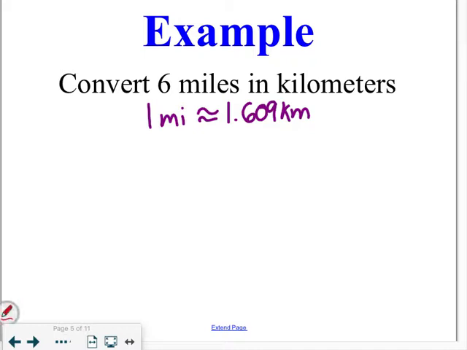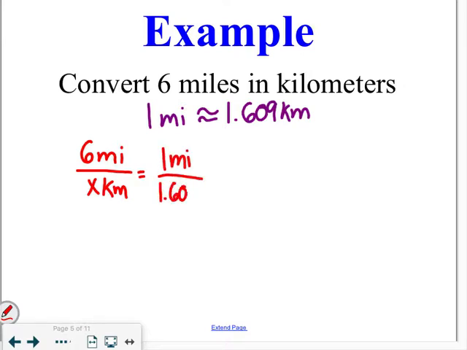Your first option is to use proportions. So we have 6 miles over we don't know how many kilometers, is equal to 1 mile over 1.609 kilometers. Again, being careful that if you're using proportions, your miles are on top, your kilometers are on the bottom, or vice versa.